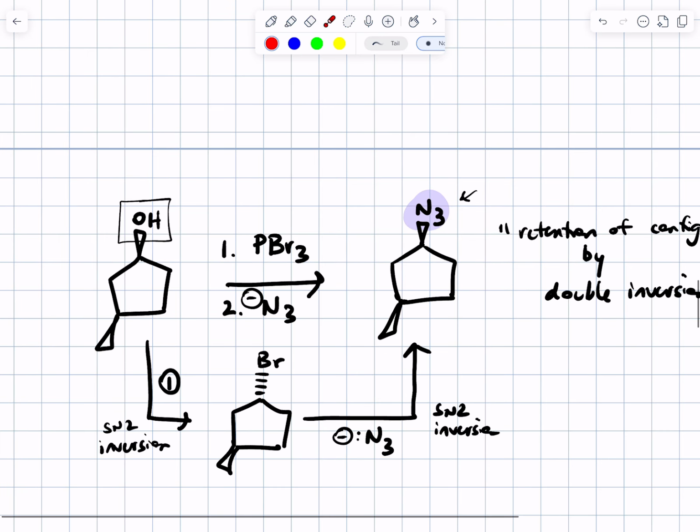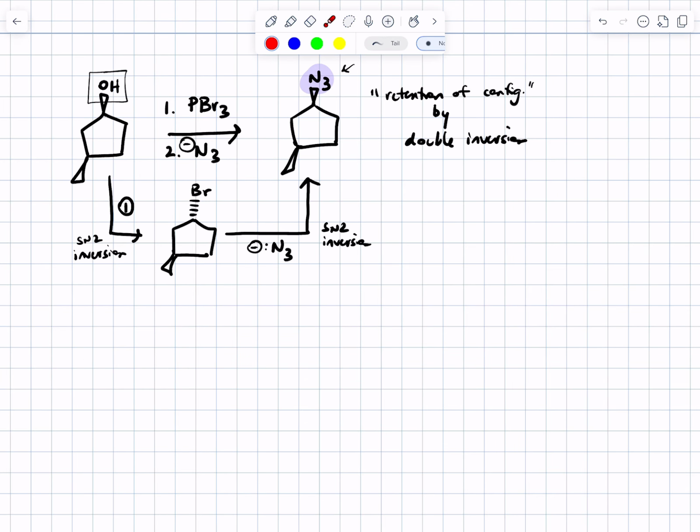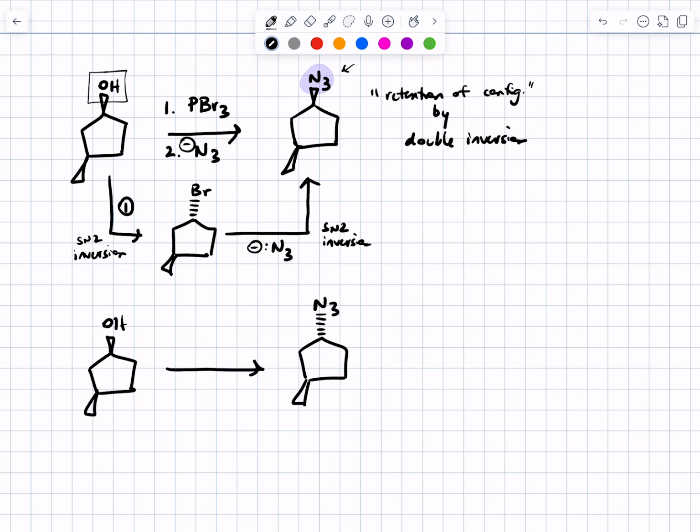Yep. Okay, so what if you wanted to take that same alcohol starting material and you wanted to get the stereoisomer where the azide was a wedge? What are you going to do there? Now, somebody out there has the idea, let's just do 3 inversions. And that would work, but that might be wasteful if there's a way to do it only once.